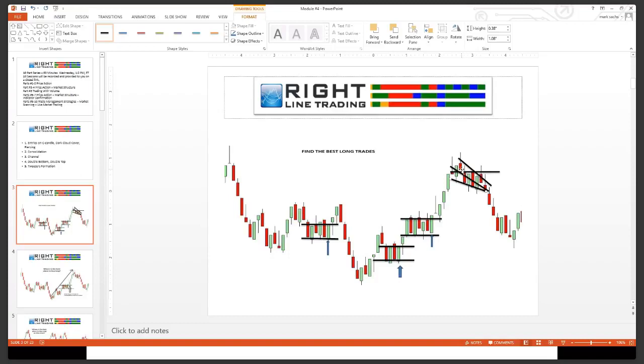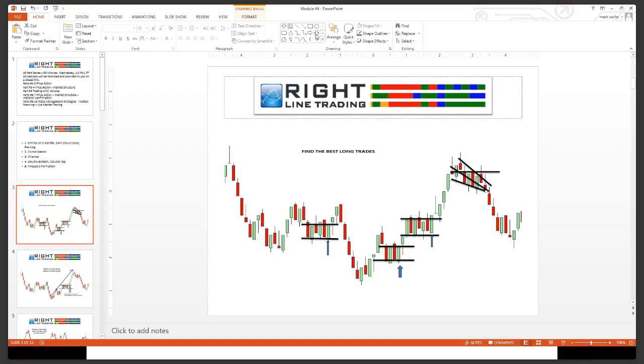Then here you have the lower low, lower low, lower low, and your entry can be optimally, and you can see that none of this is that easy, can be here. It's not a dark cloud cover, but it's a very, very good trading pattern.